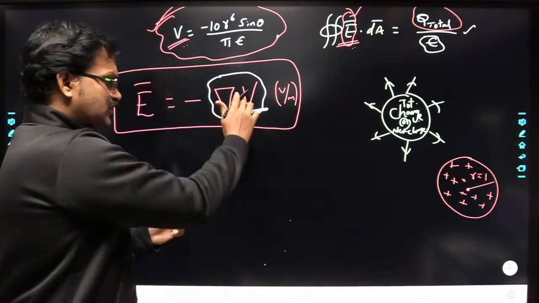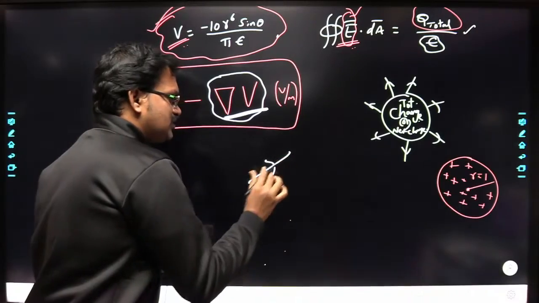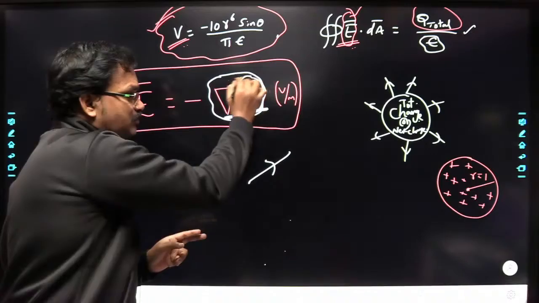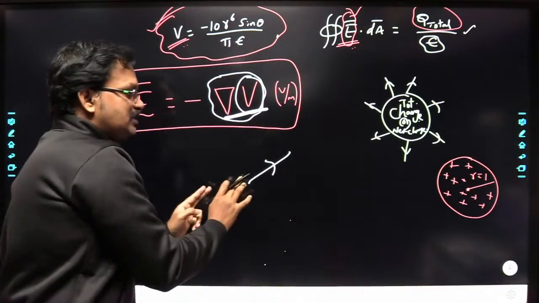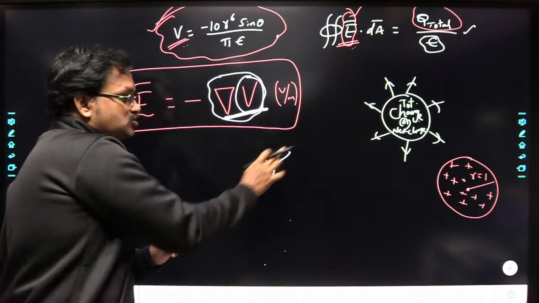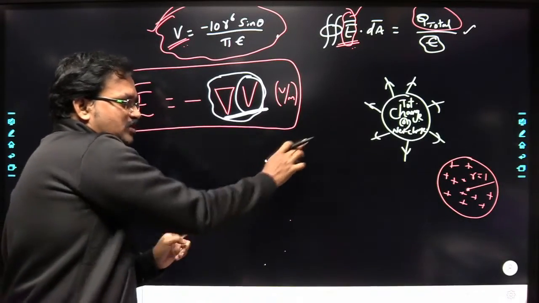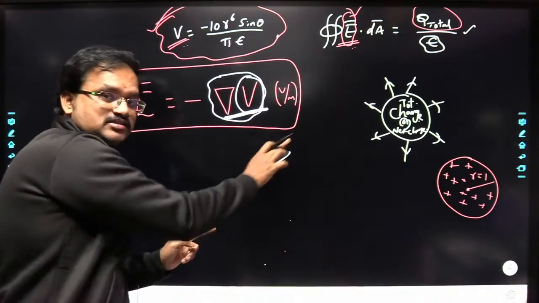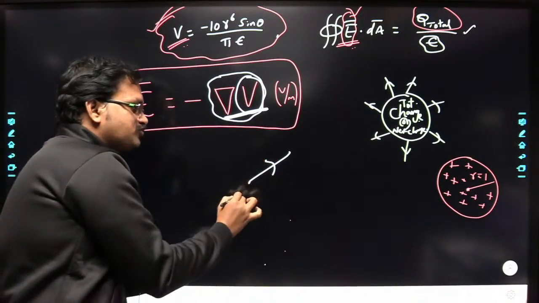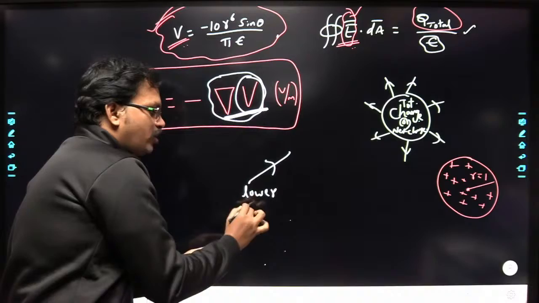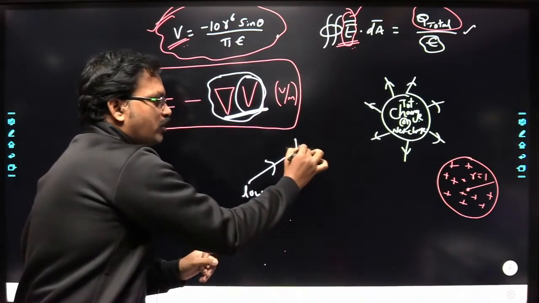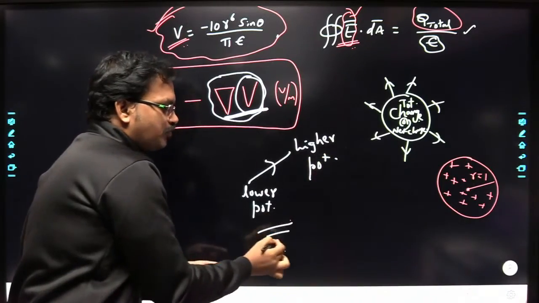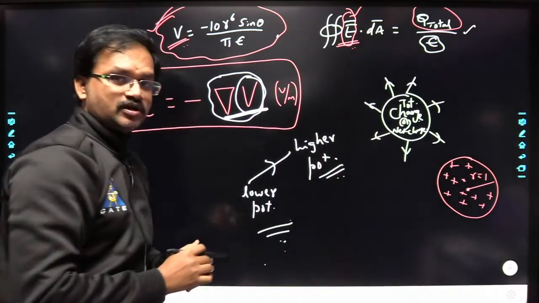Here the scalar function is the potential. So gradient of V gives you a vector pointing in the direction in which the potential is increasing maximally, that is, from lower potential to higher potential.